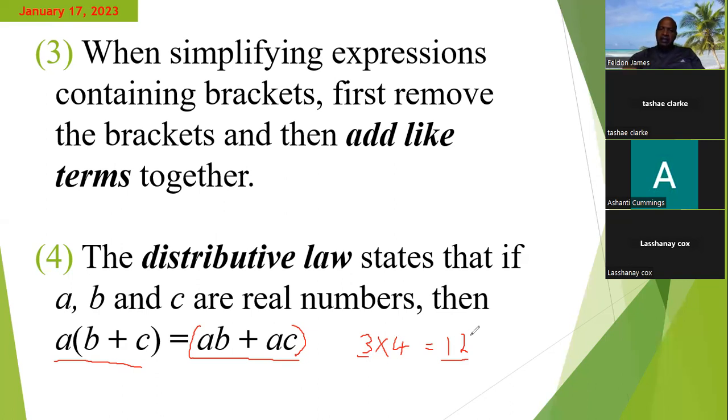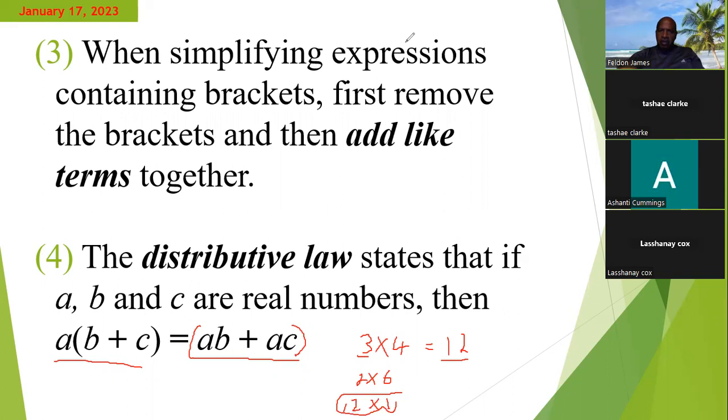So if I say find some factors of 12, you would probably come up with 3 times 4. You would probably come up with 2 times 6. You would probably come up with 12 times 1. And these would be what? Factors of 12. So in other words, by finding these values, you're bringing back factors together that you multiply to get 12. So the process of getting these numbers is what we call factorization.